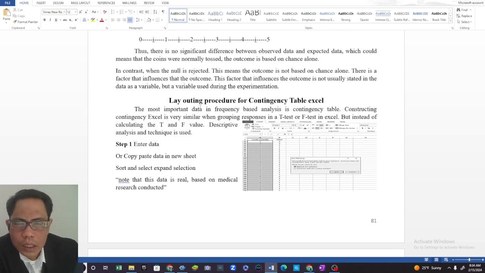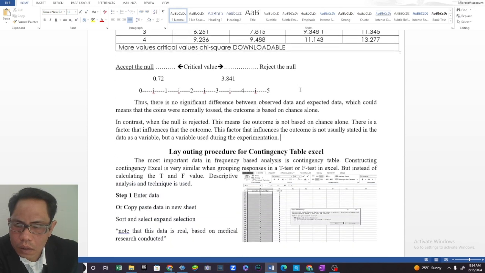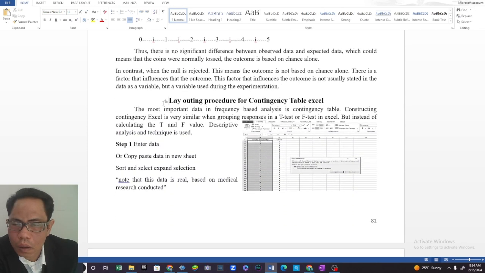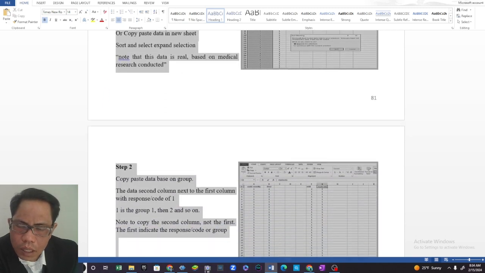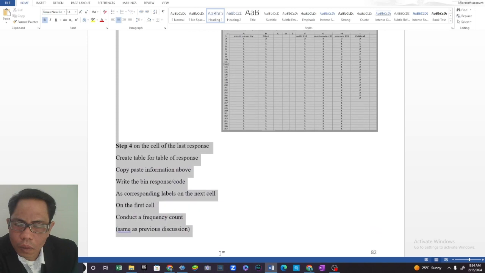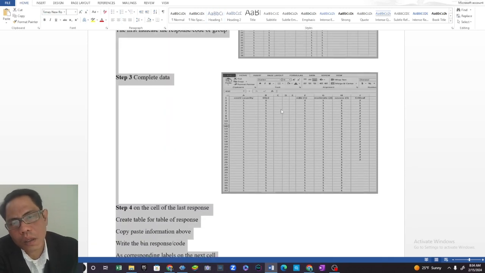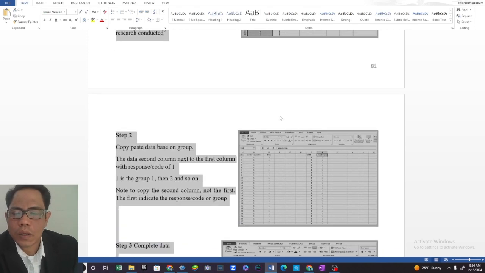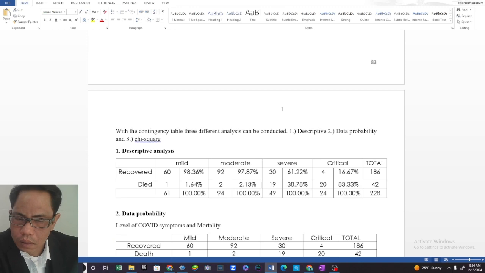So, laying out procedures for the contingency table. I think I need to stop there because this is quite a long topic, connected but separate in a sense. We'll be doing the other types of tests in a while, which is descriptive analysis, frequency-based descriptive analysis.